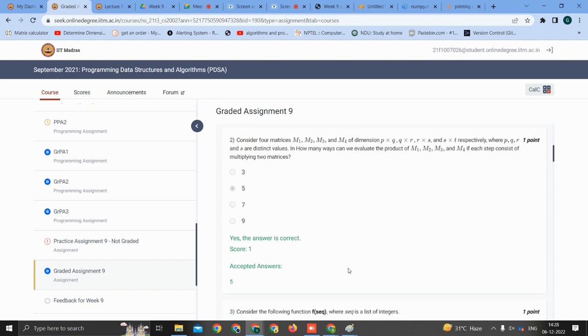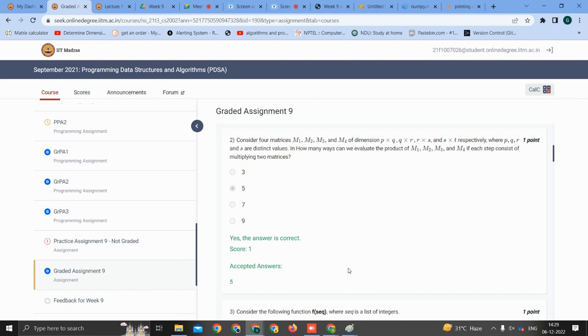All right. So can someone read this question? Consider four matrices M1, M2, M3, and M4 of dimension P cross Q, Q cross R, R cross S, and S cross T respectively, where P, Q, R, and S are distinct values.